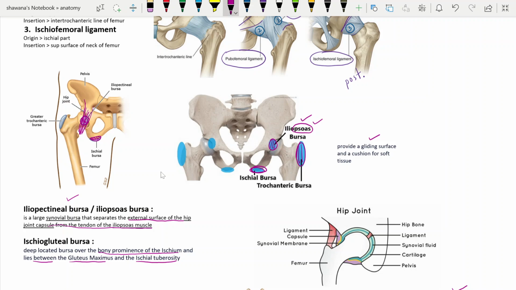So there must be something that reduces friction between the ischial tuberosity and the gluteus maximus. The third one is the trochanteric bursa, and its function is similar to the two other bursae. It also reduces friction between the trochanters of the femur and some muscles.